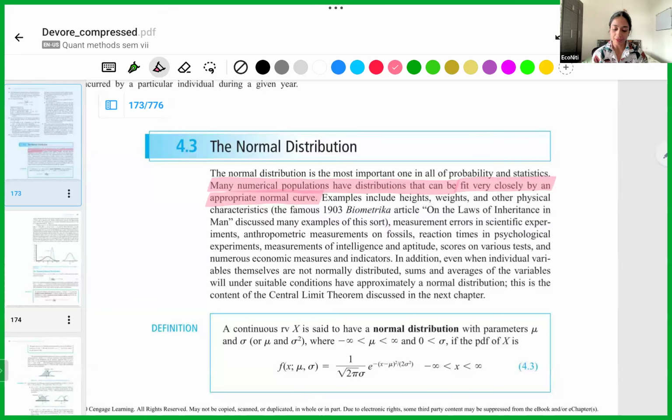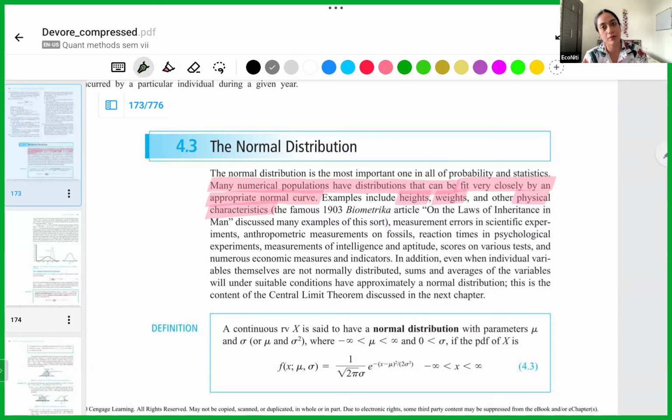For example, heights, weights, right? Other physical characteristics. Generally, for any population, what you will find is कि ऑफ कोर्स लोगों की हाइट अलग अलग होती है, सो सपोज यू डिफाइन अ पॉपुलेशन, जो डीयू के बच्चे हैं, है ना, सो सपोज डीयू के बच्चों की पॉपुलेशन डिफाइन करो एंड यू चूज टू लुक एट ओनली दी फीमेल स्टूडेंट्स इन डीयू। सो ये जो डीयू के गर्ल्स की हाइट है, everyone will have a different height, right?